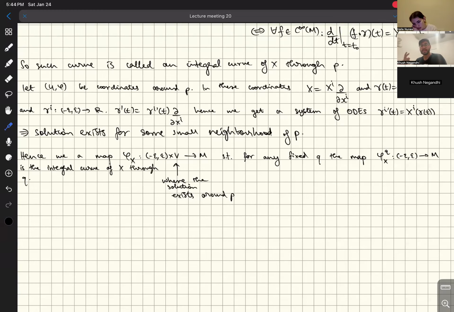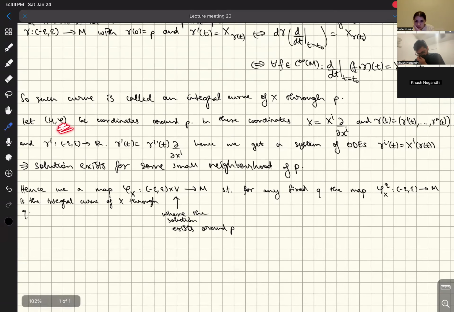The second thing that happened is we used Picard-Lindelof to say that the solution must exist for some small neighborhood around my point. And since this map phi is a diffeomorphism, if the solution exists for a small time around phi of P, pulling it back gets us a neighborhood of P on which the solution exists.